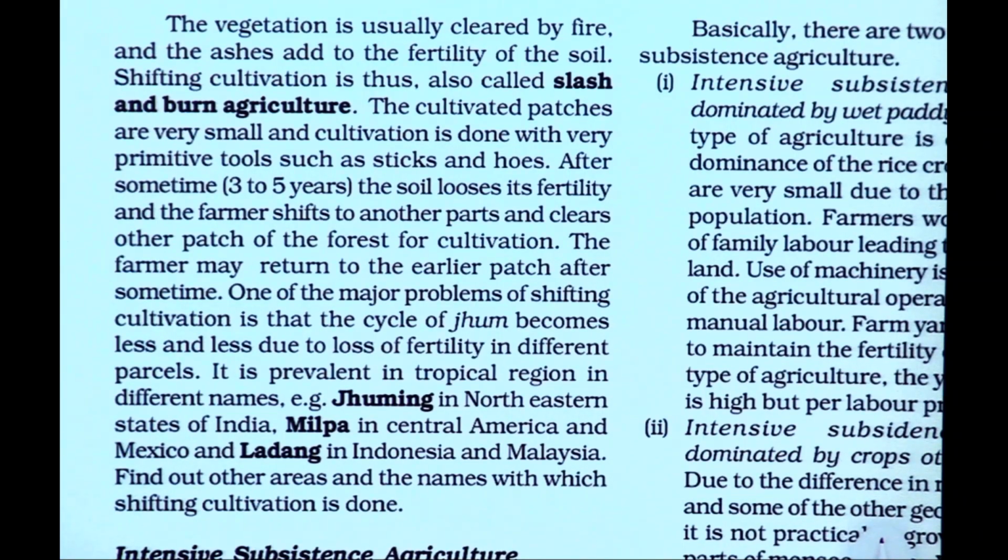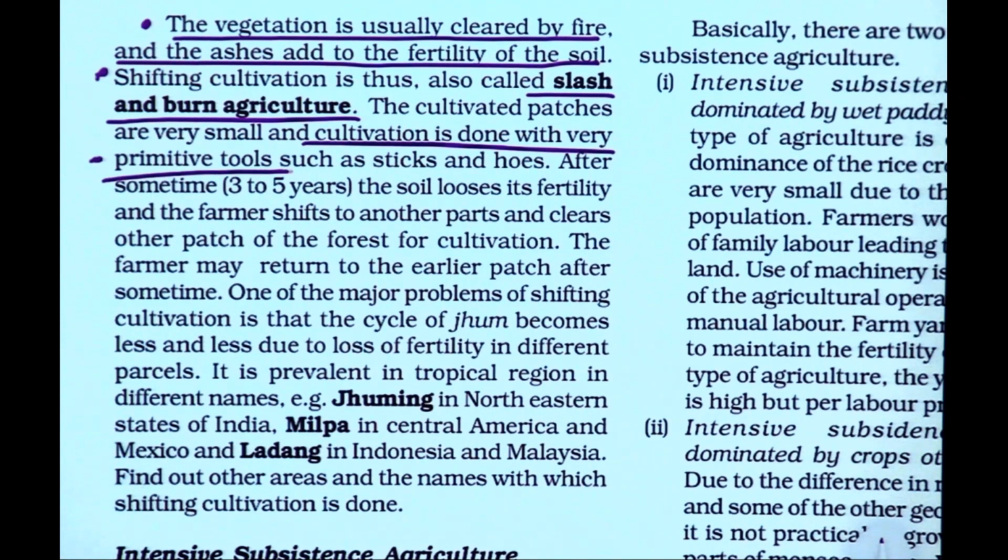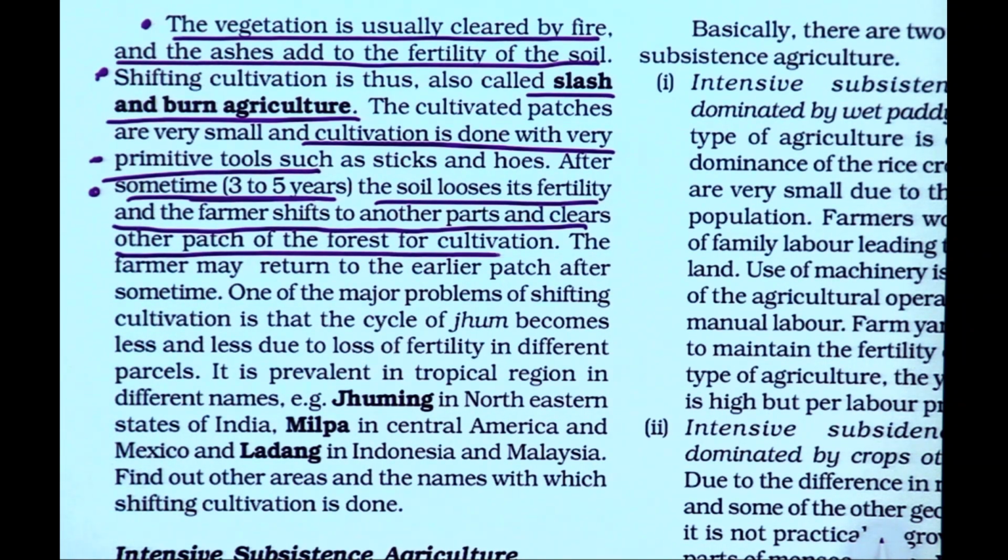Now, if I have to read the characteristics of shifting agriculture from NCERT: 1, vegetation is usually cleared by fire and the ashes add to the fertility of the soil. Second, I have already talked about, it is also called slash and burn agriculture. Third, agriculture is done with very primitive tools. Next, after some time, essentially 3 to 5 years, the soil loses fertility and farmers shift to another part and clear another patch of the forest for cultivation.